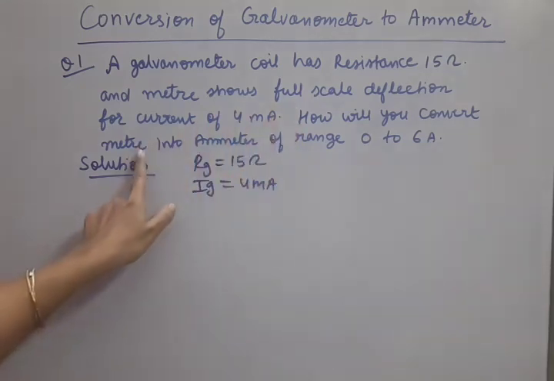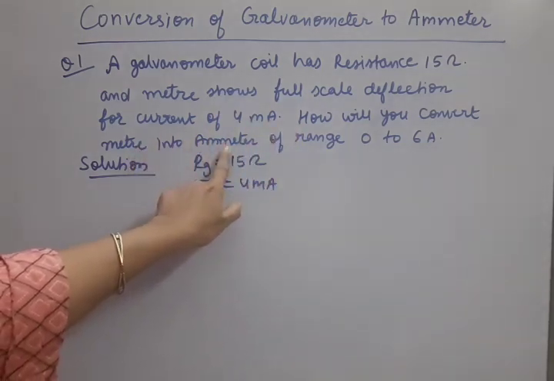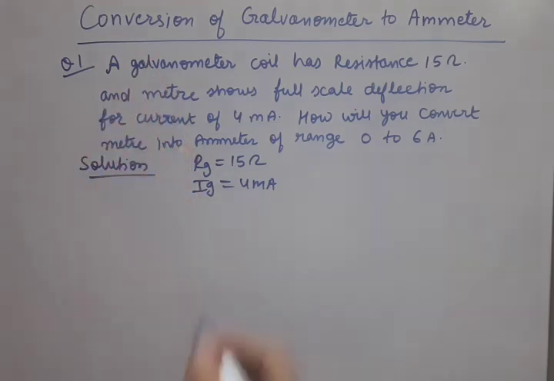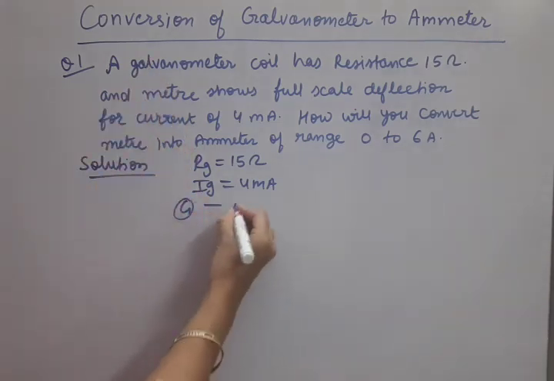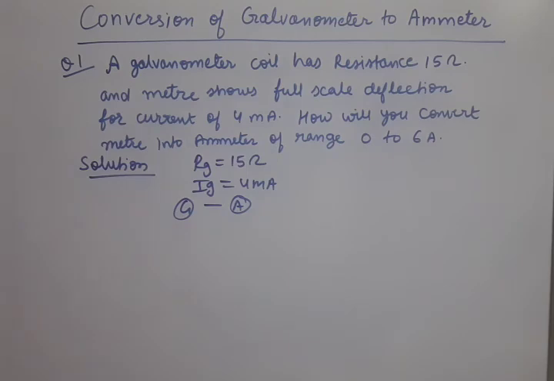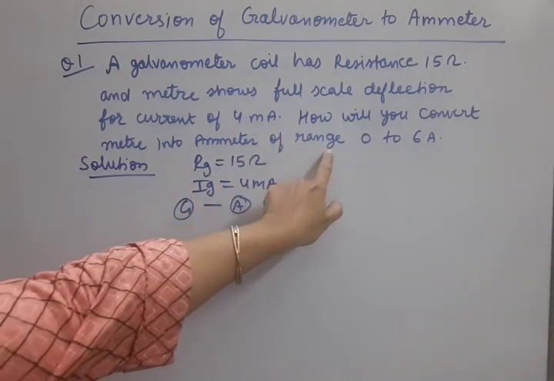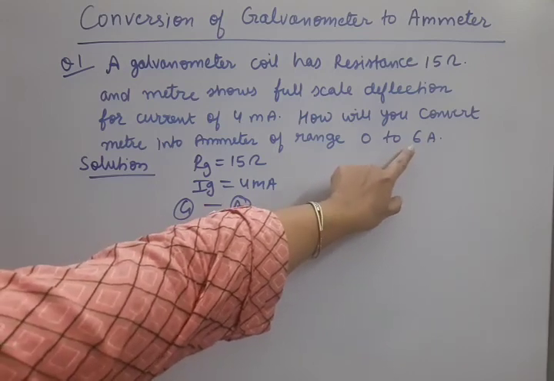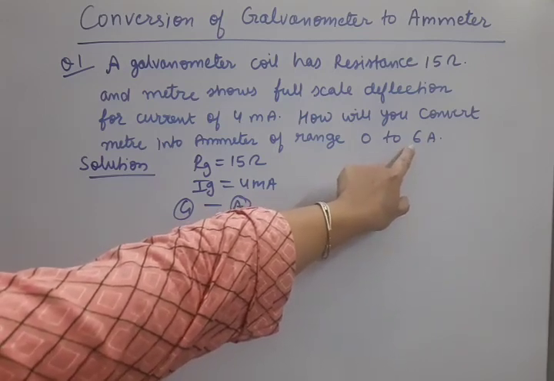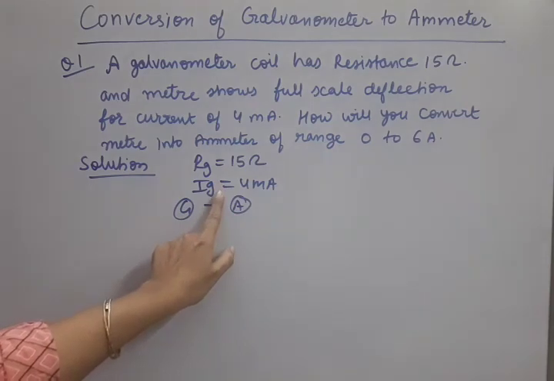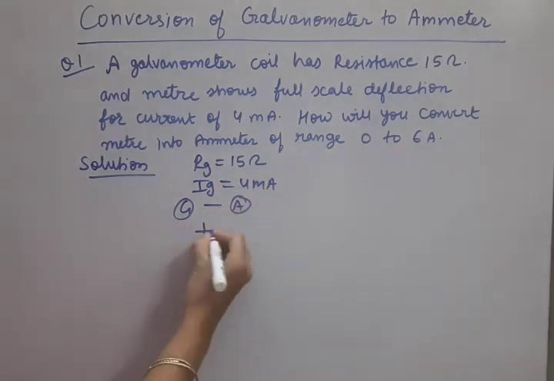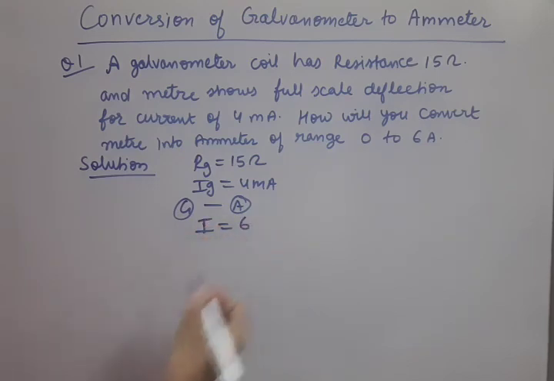How will you convert this meter into an ammeter? So here the discussion is about G to A only. We are converting G to A, and it is written that the ammeter's range is 0 to 6 ampere. As I told you, the ammeter's current will always be more than this Ig. So for this ammeter's current we have to write I. I means range of ammeter. It is 6.